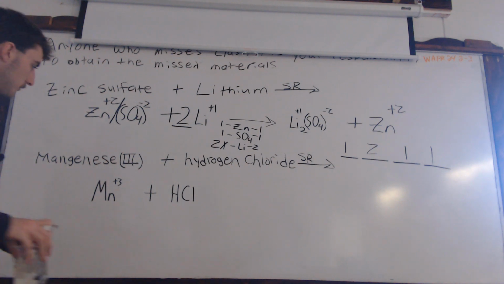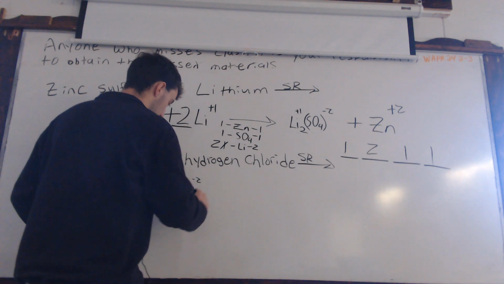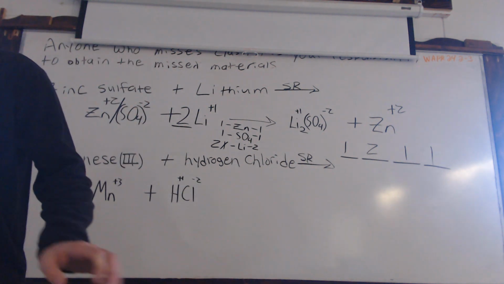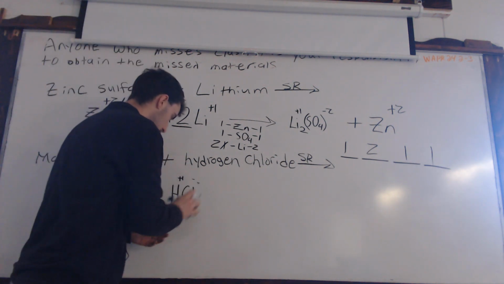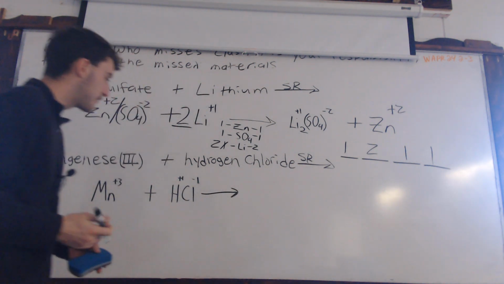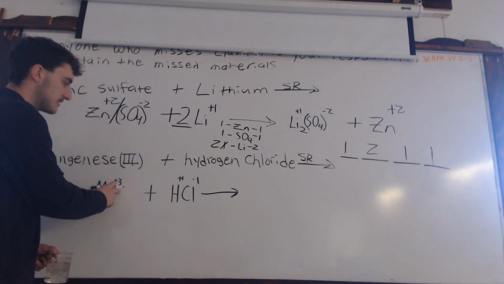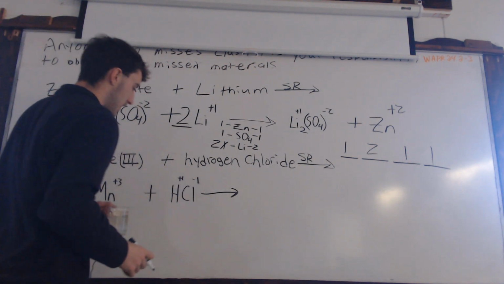And we'll write in our charge for the hydrogen and our charge for the chlorine. Oh, not -2, -1. So everything's balanced over here. We don't need to add anything over here to our manganese, and our hydrogen and our chlorine balance out.